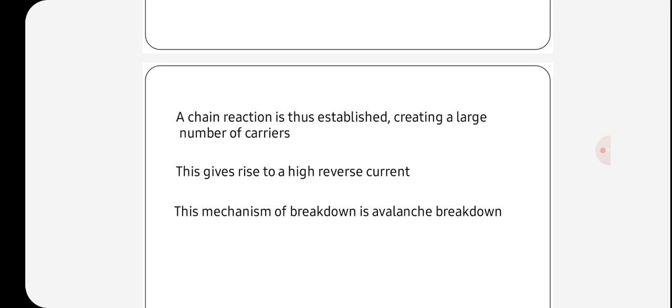When the reverse biased voltage applied to the diode reaches close to Zener voltage, the electric field in the depletion region is strong enough to pull electrons from their valence band.